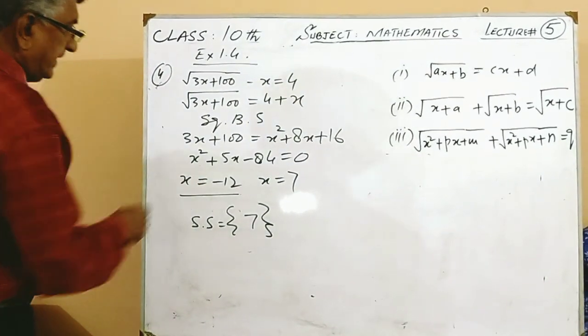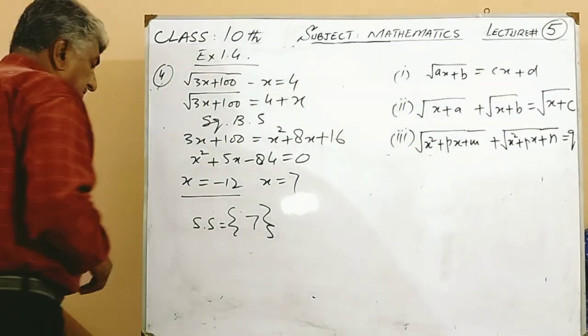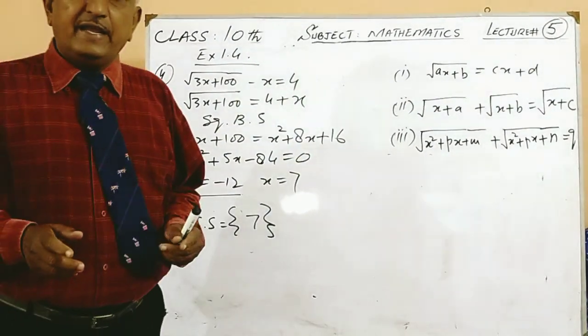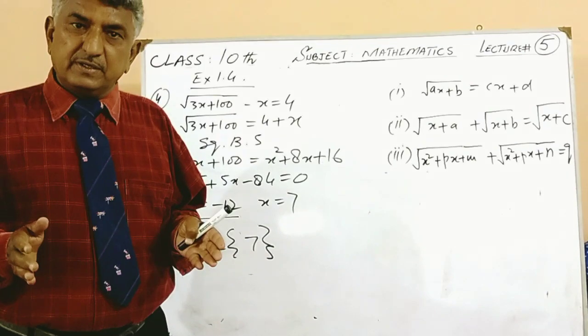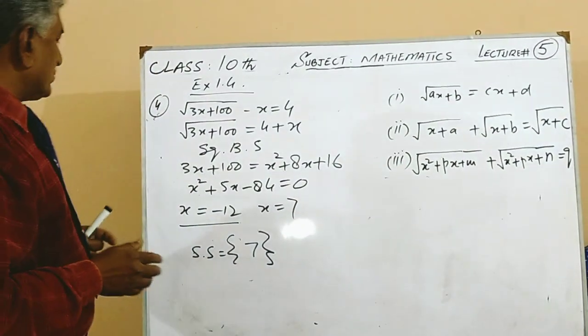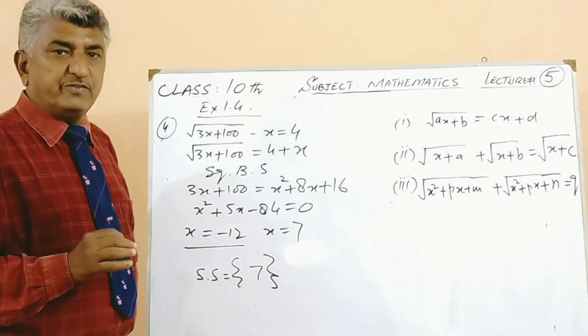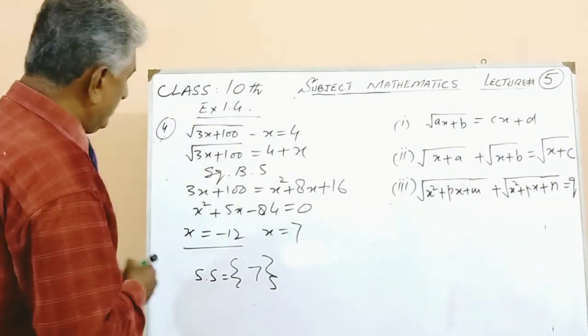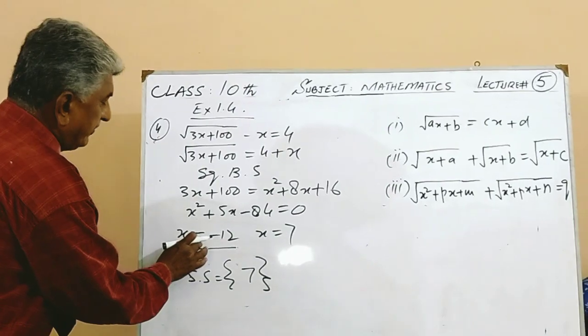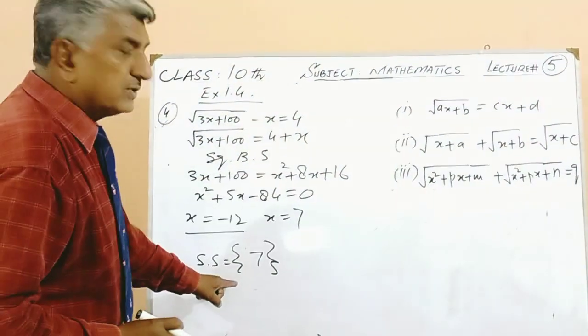This is not included because it is an extraneous root. Yes, an extraneous root is a root which does not satisfy the equation. So we will neglect this and we will not include this in the solution set.